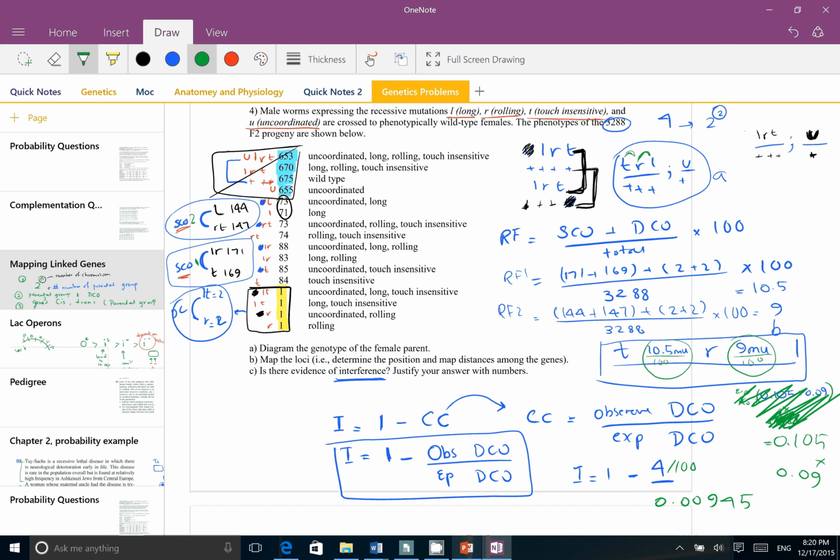So it's going to be 0.04 divided by this number, and then minus 1. So how do I do it on my calculator? Divided by 0.02.